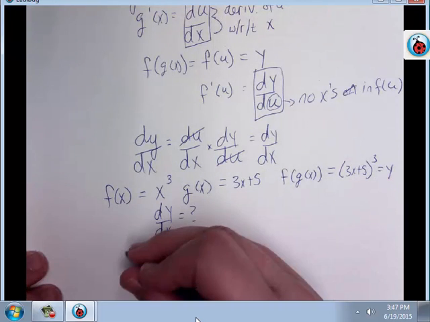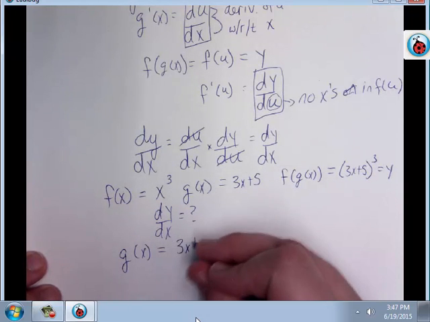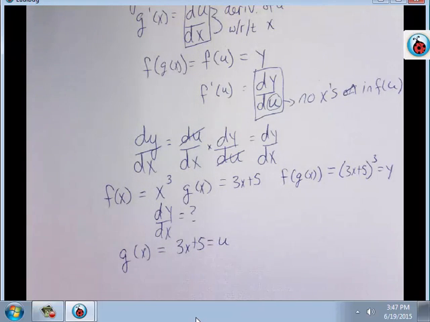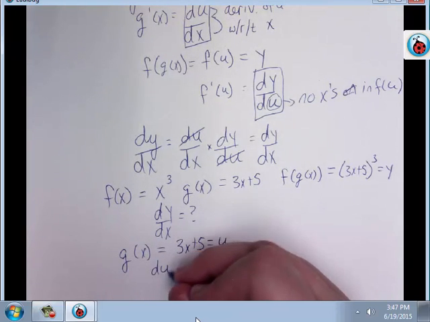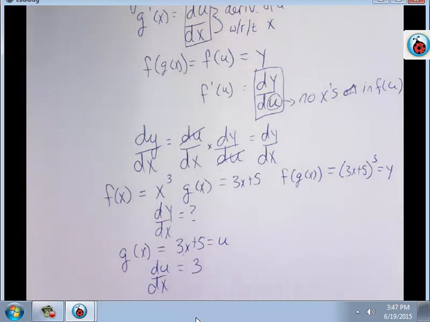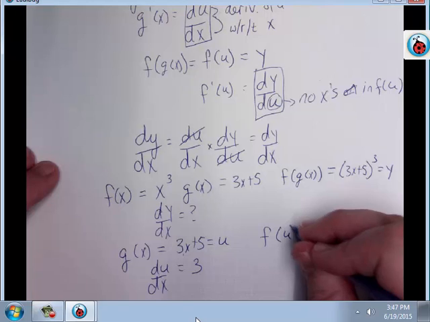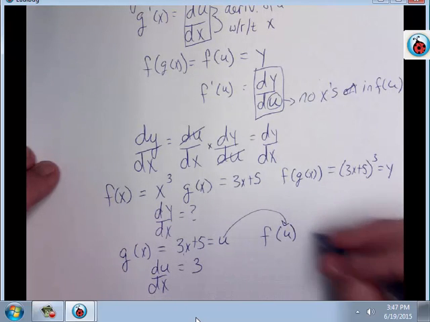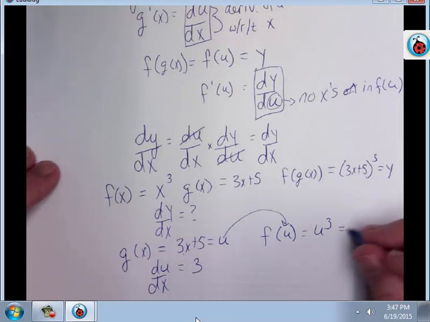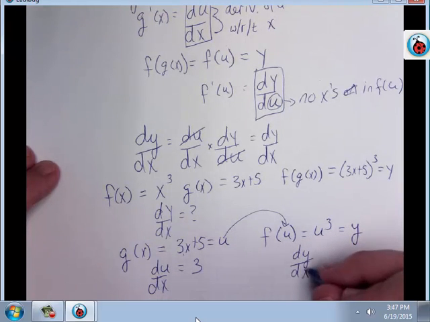Well, in this case we know our inner function, g, is 3x plus 5, and we're going to set that equal to u. So du dx is just the derivative of this, which is 3. f of u, so that gets put into there, equals u to the third power. And that's going to equal y. dy dx, or sorry, dy du equals 3u to the second power.